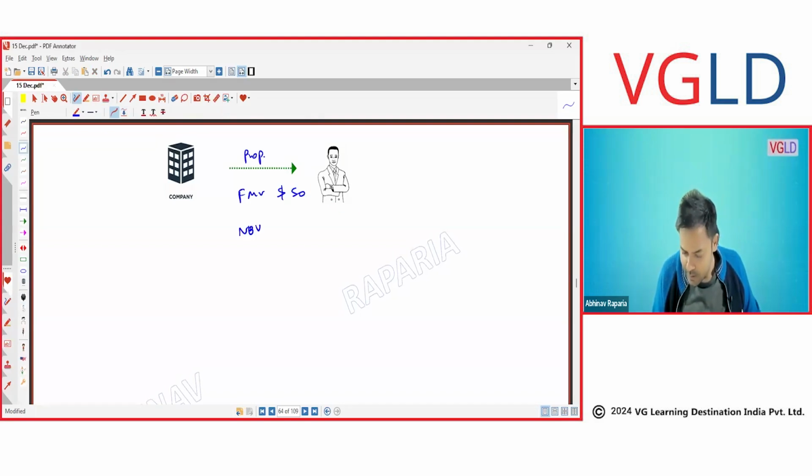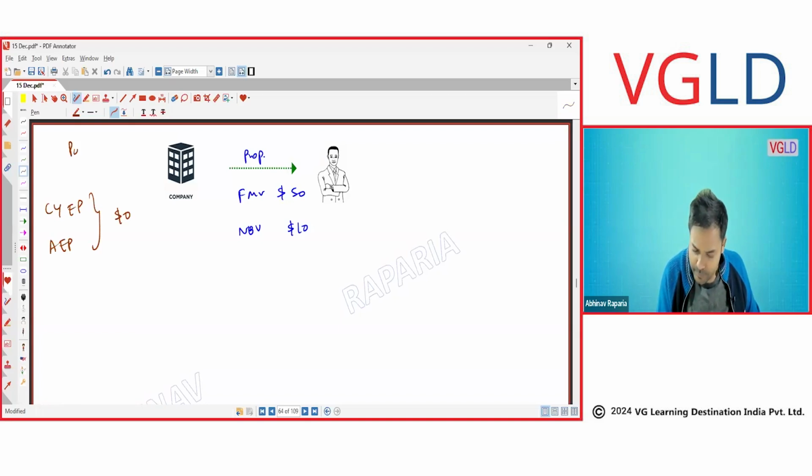Net book value is $10. Company's current year's earnings and profit and accumulated earnings and profit, both of them are zero. Is that possible, guys? Why not? We have made distributions when the value is negative. What is the problem in zero? So I can make that, no problem.